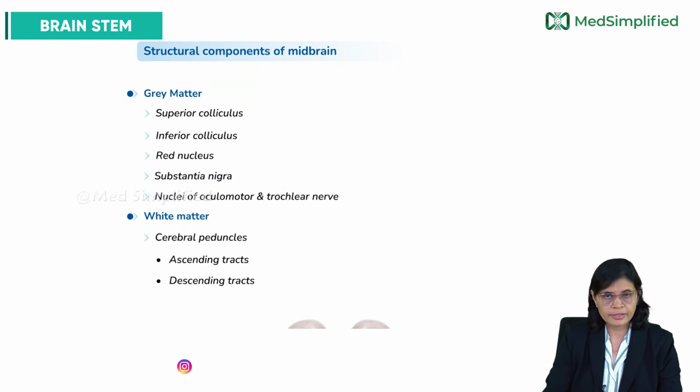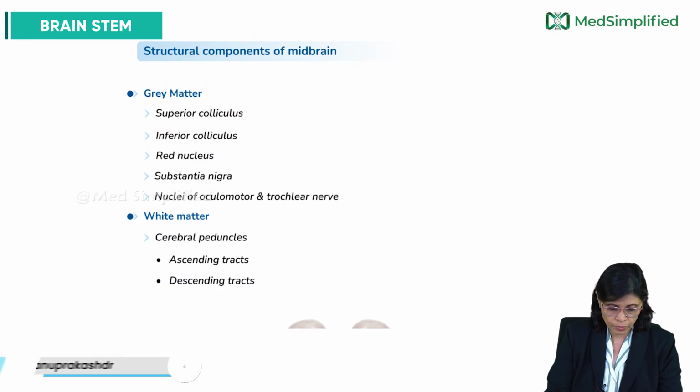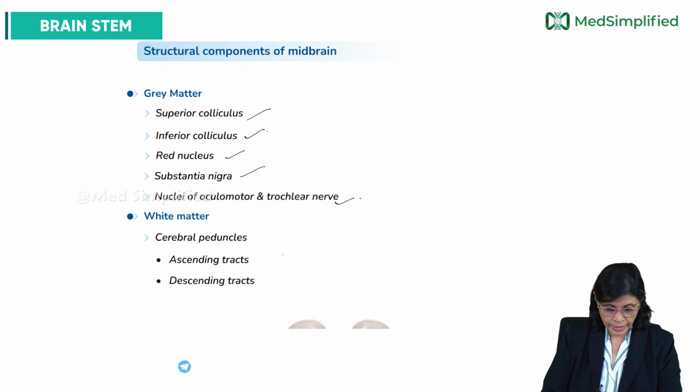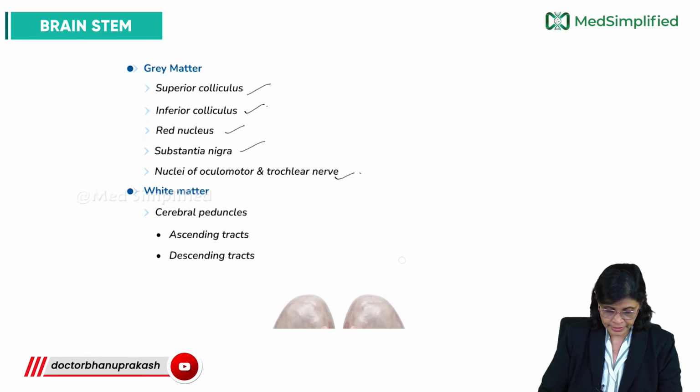The midbrain consists of grey matter and white matter. The grey matter is in the form of the superior colliculus, inferior colliculus, the red nucleus, substantia nigra and nuclei of the oculomotor and trochlear nerves. White matter is in the form of ascending and descending tracts and the cerebral peduncles.